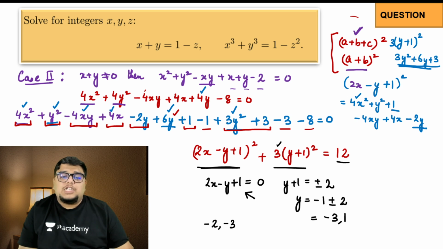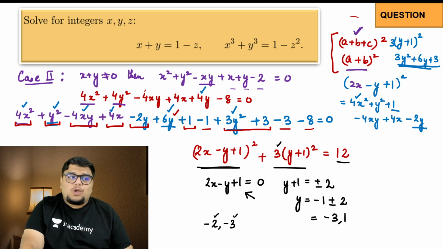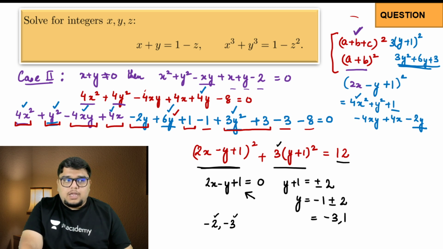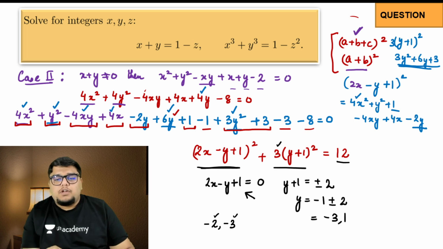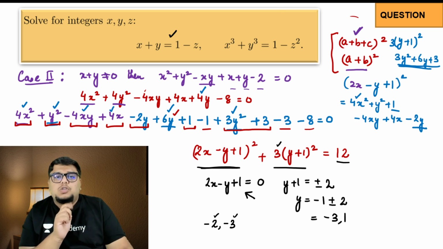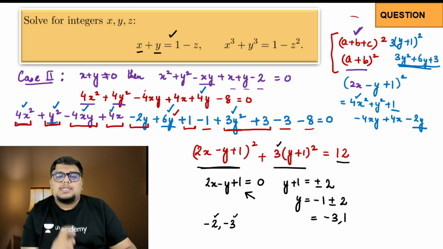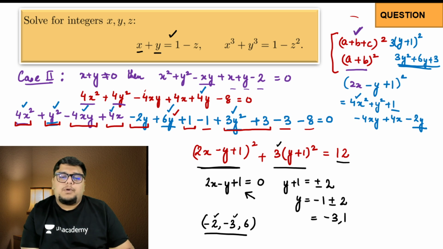I will put these values of x and y in probably this equation to get the value of z. So minus 2 and minus 3, that is minus 5. Take it to that side. So z comes out to be 6. This is my first solution of particular numbers.